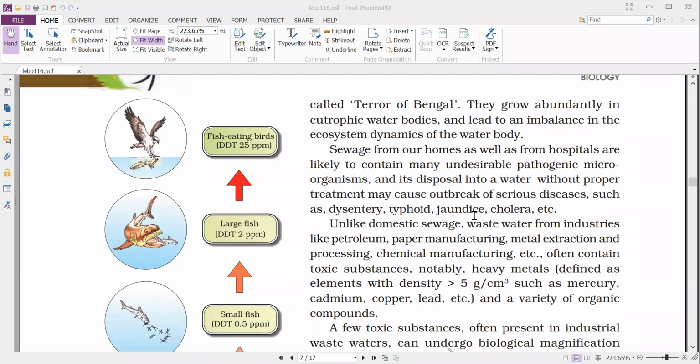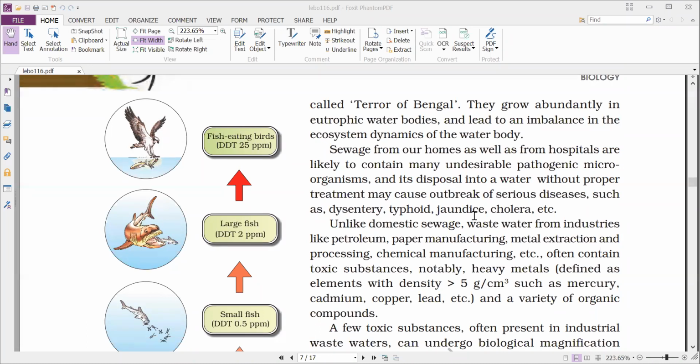So these are some of the reasons for water pollution: sewage water, the addition of nutrients, and the enormous growth of aquatic weeds.